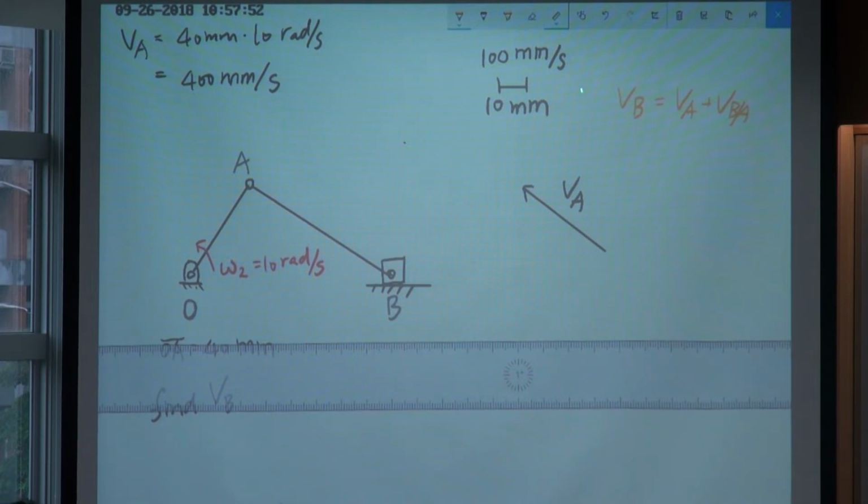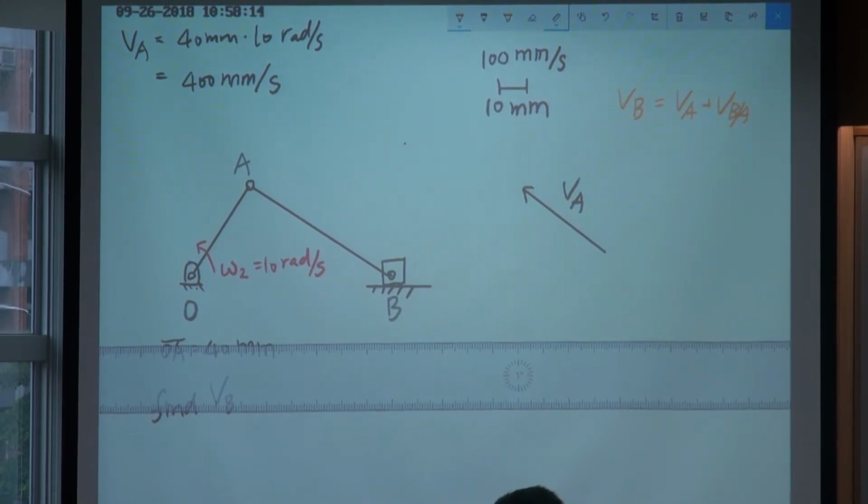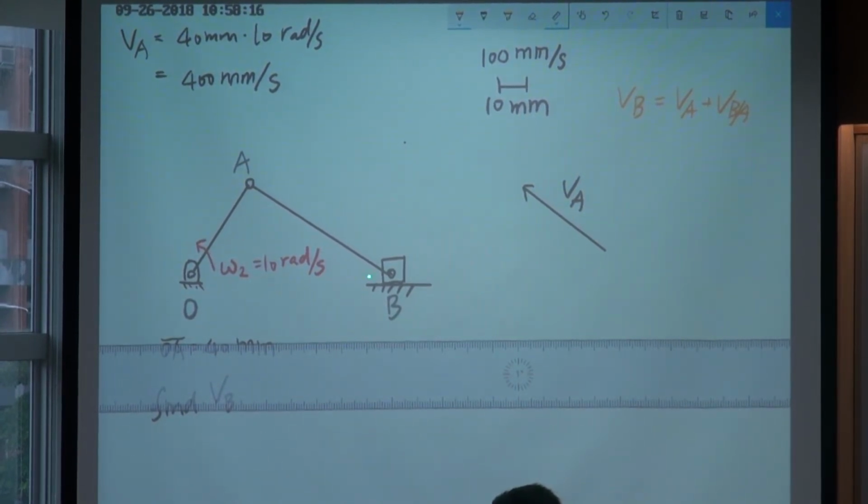Do we know any information about VB, either direction or magnitude? We know B is on this slider, so it must be moving along this horizontal line. So the direction of VB must be horizontal. We don't know if it's pointing to the left or to the right, but I know it's on this horizontal line. We don't know the magnitude yet.